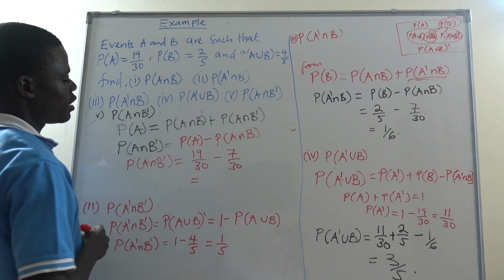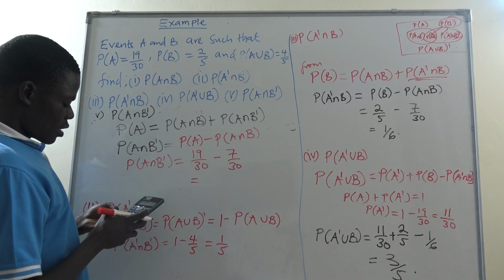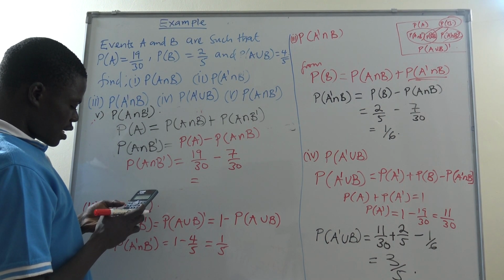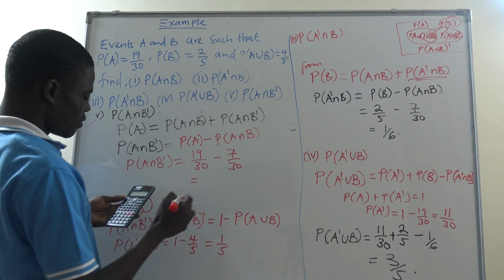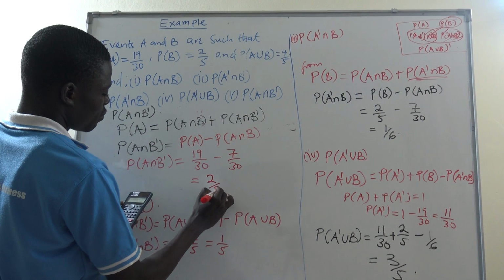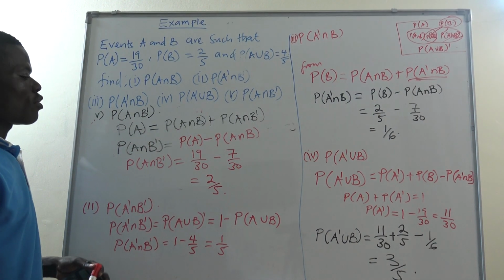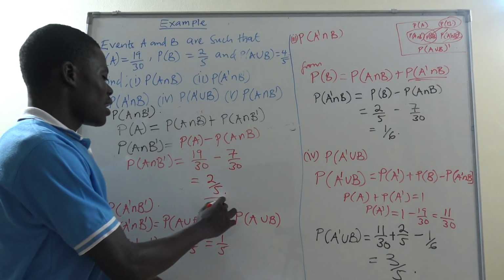So 19 out of 30 minus 7 out of 30, we get 2 out of 5. So that one becomes our answer.